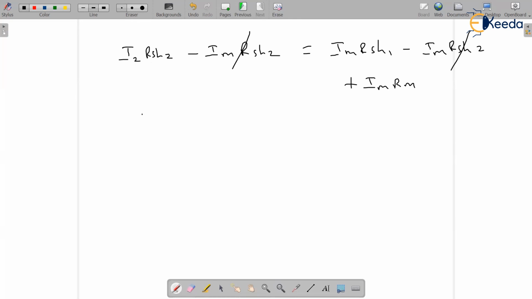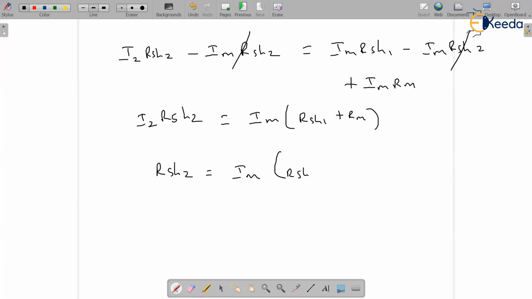So this gives rise to I2 RSH2 is equal to Im into RSH1 plus Rm. RSH2 is equal to Im into RSH1 plus Rm by I2.